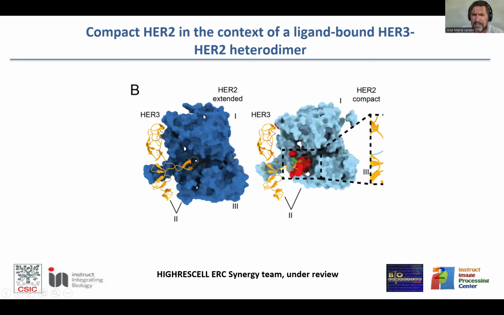For instance, these are the structures coming from X-ray crystallography and electron microscopy of the complex of HER3 and HER2 when they form a complex. Well, we have seen that with trastuzumab, this HER2 gets compacted. So the dimerization arm of HER3 is no longer able to get into HER2.